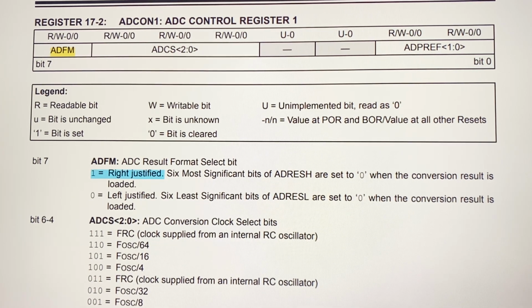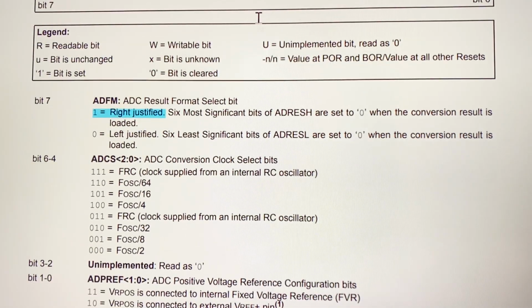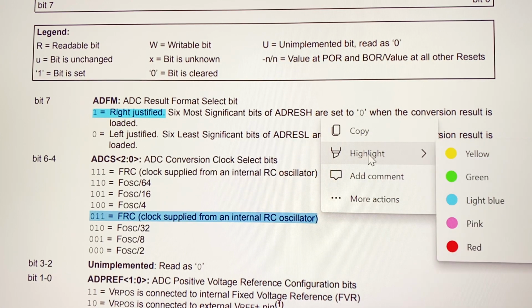We can select it for F over 4, or the clock supply from an internal RC oscillator is number 3. This is the most common for us, so let me make sure you can see it here on the screen. Yeah, this is the most common. The clock source will be the internal oscillator, which is already embedded in the PIC micro.